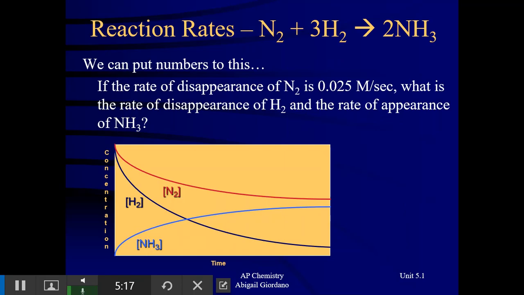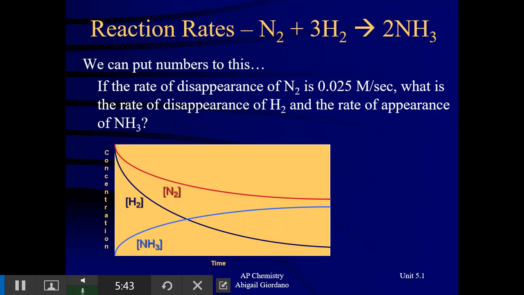Okay, so you're going to see questions in multiple choice and free response, both using numbers that you can usually do in your head. And it's all just to do with those molar ratios. So it says if the rate of disappearance of nitrogen is 0.025 molarity per second. Let me just pause there for a moment.